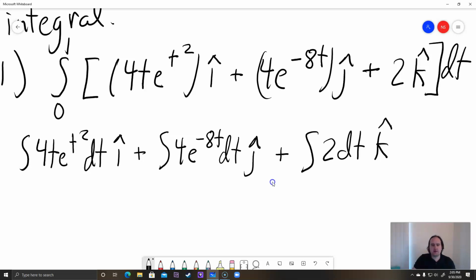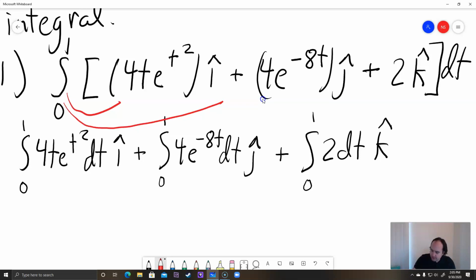Each of these integrals has the same limits of integration, from 0 to 1. Once you get comfortable with them, you don't have to rewrite it like this; you can just do it in your head. But that's what it means: you are distributing the integral symbol to each individual component.